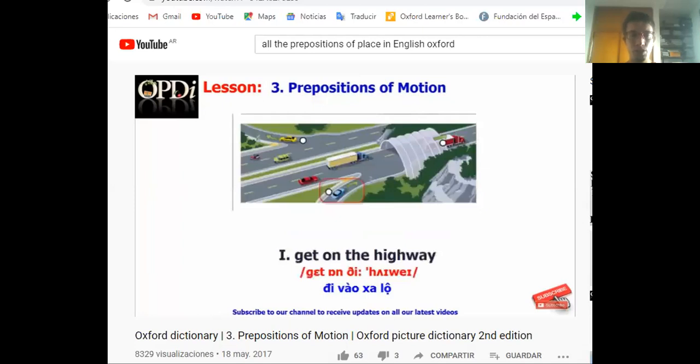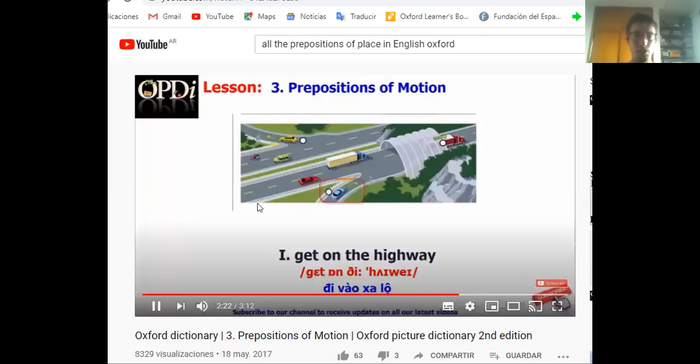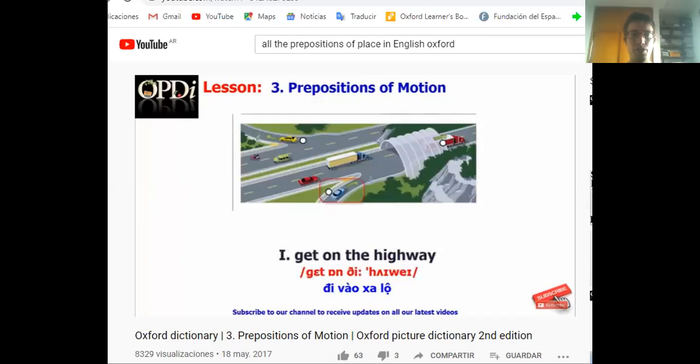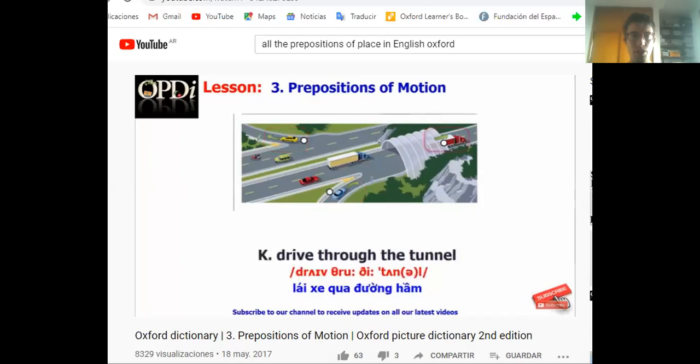Get on the highway. Get off the highway. Drive through the tunnel.